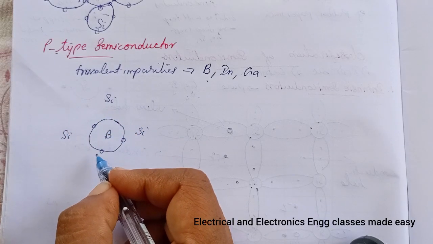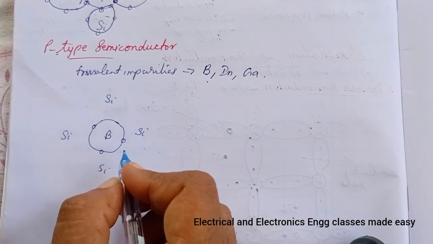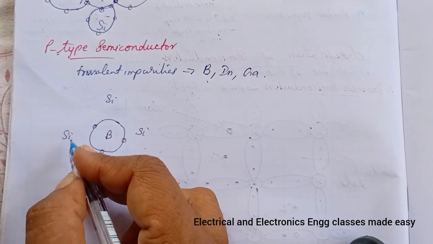All 3 valence electrons of the boron atom are used in the covalent bonds.